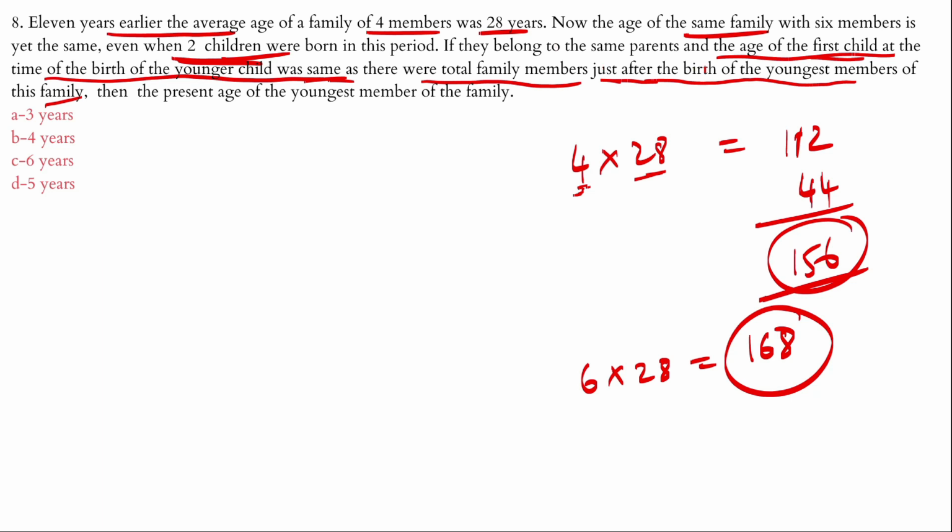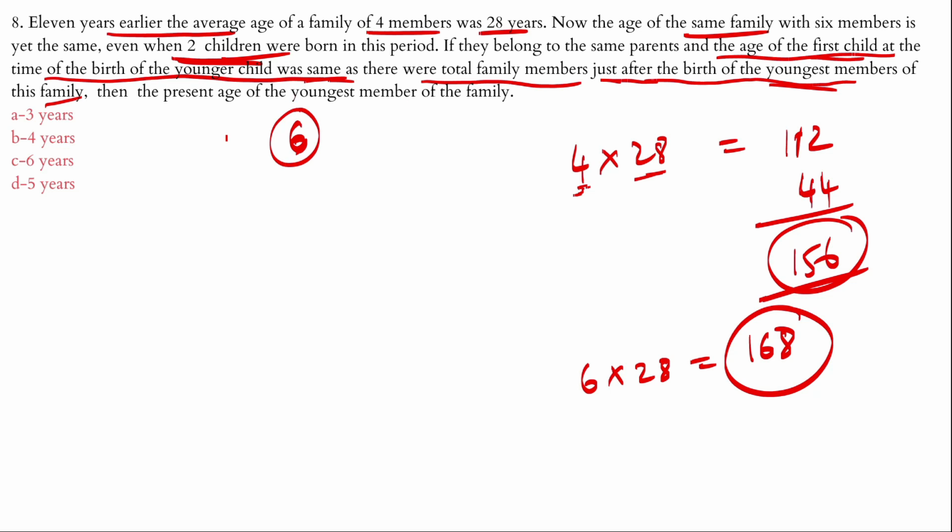So immediately after the youngest member of the family is born, how many are the total members of the family? There are 6 members. So 6 members are there in the family, and the age of the first child is 6 years, because the age of the first child is equal to the total members of the family immediately after the birth of the youngest child.